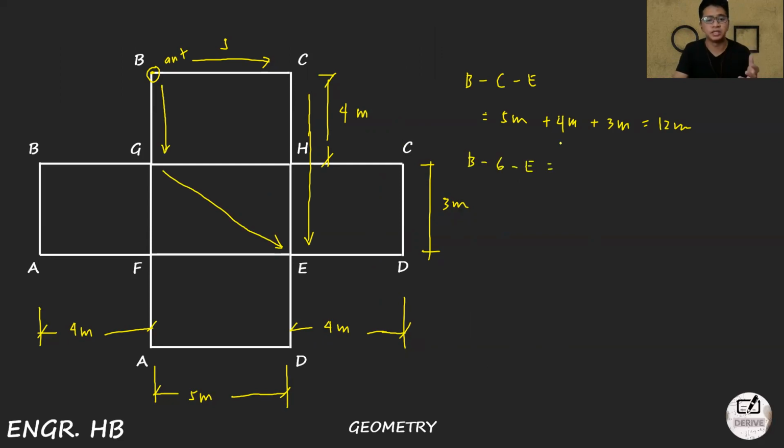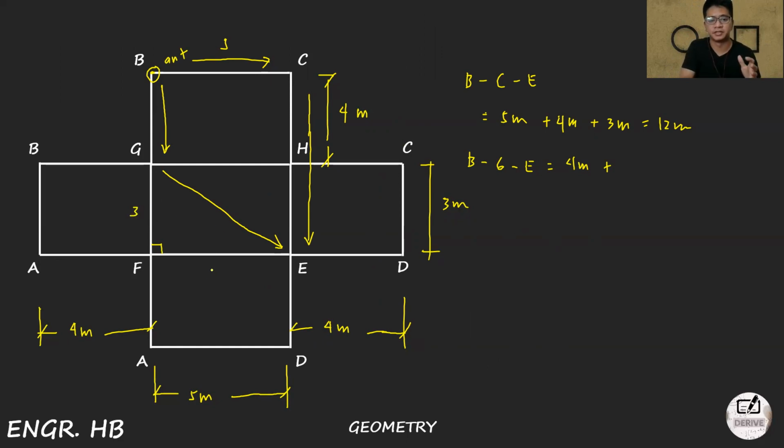So from B to G, obviously, the distance is 4 meters. And of course, from G to E, hindi pa natin alam kung ano yung distance na yan or amount ng distance na yan. But this is a right triangle. We can form a right triangle out of that rectangle. So we all know that G to F is, what is G to F? 3 meters.